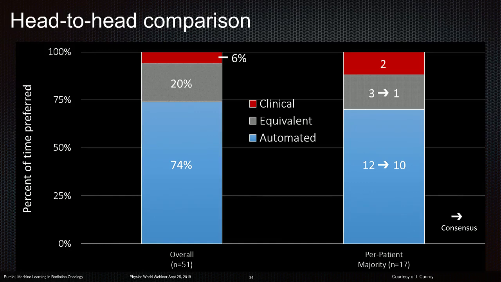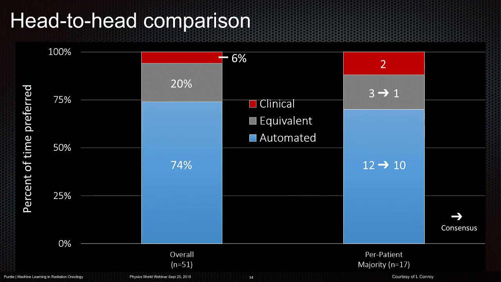These were overall scores across all 51 reviews. When we look at the patients, we took a majority vote. So if two people preferred automated versus one, then we considered that a win for automated.